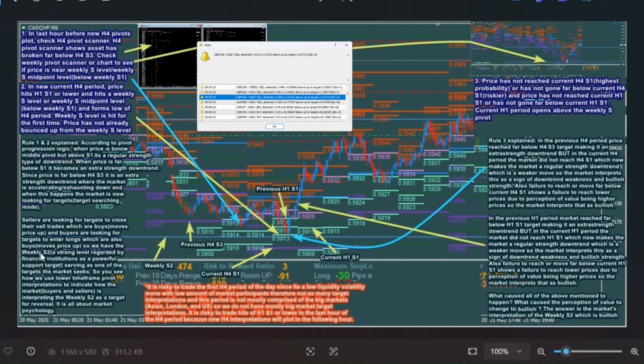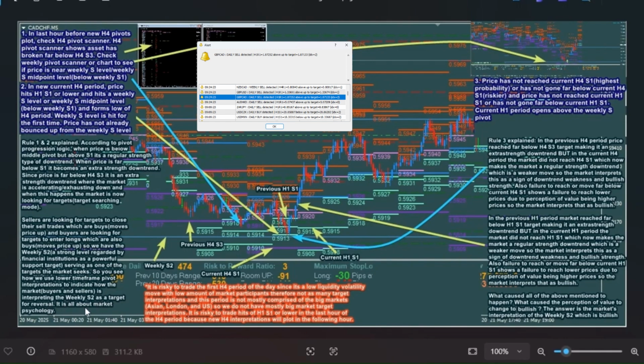So we have the weekly S2, a strong level regarded by financial institutions as a powerful support target, serving as one of the targets the market seeks. So you see how we use lower time frame pivot interpretations to indicate how the market, buyers and sellers, is interpreting the weekly S2 as a target for reversal.